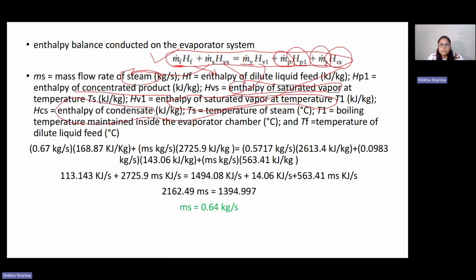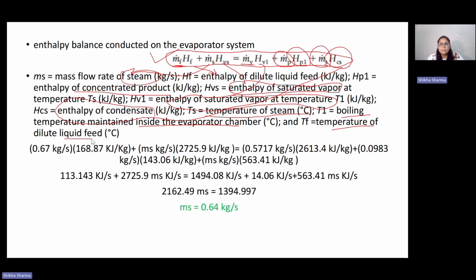Here TS is the temperature of the steam, T1 is the boiling temperature maintained inside the evaporator, and TF is the temperature of the feed.